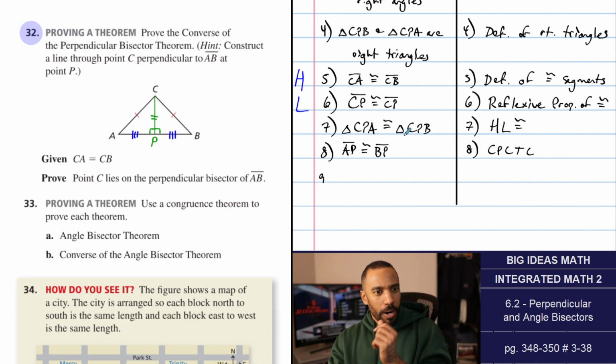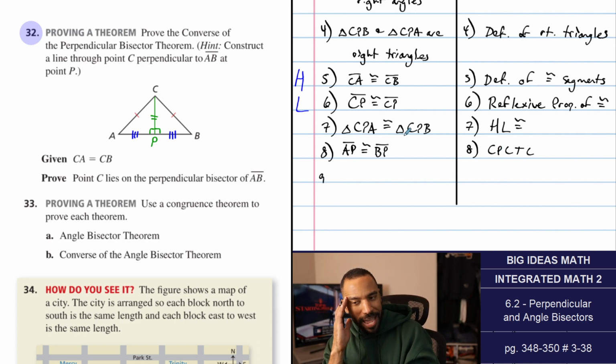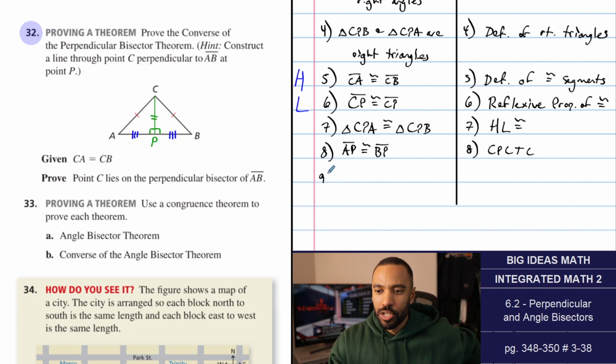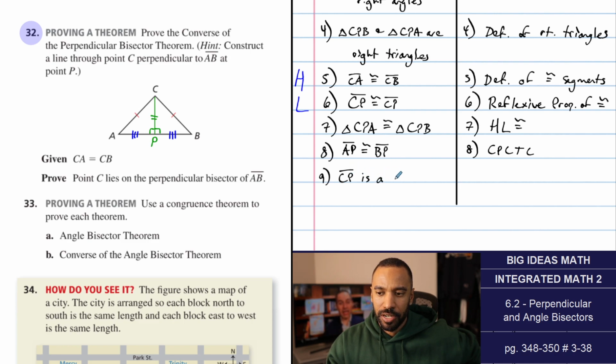Let's see. Perpendicular bisector theorem. If it's congruent, now I have to state it's a bisector. So therefore, segment CP is a bisector of segment AB by definition of segment bisector.